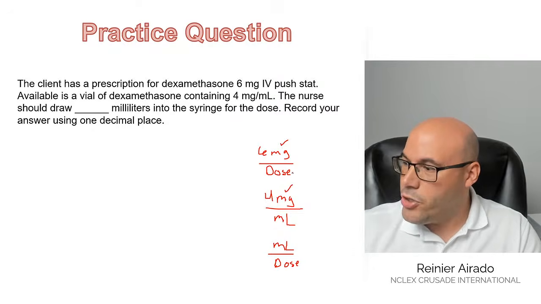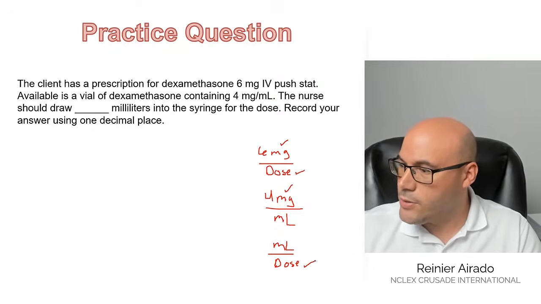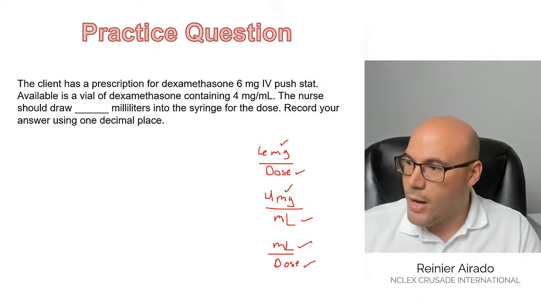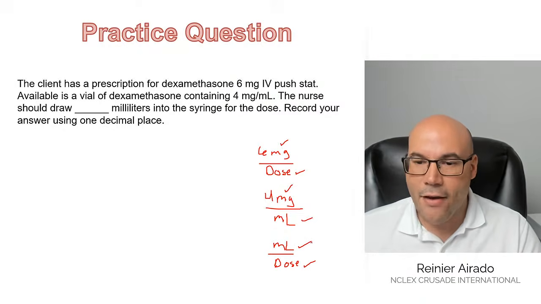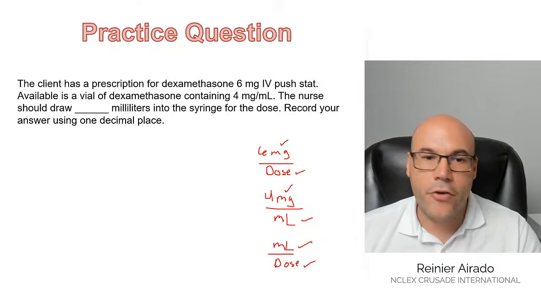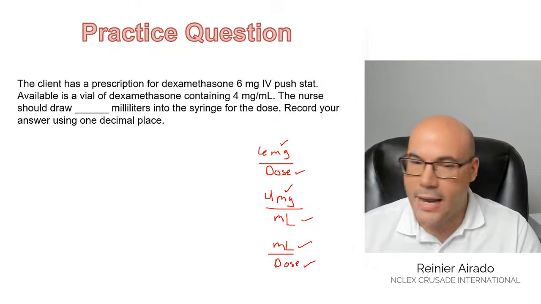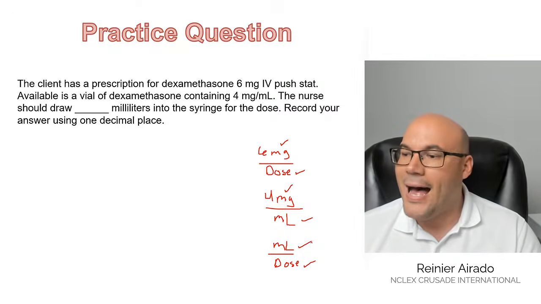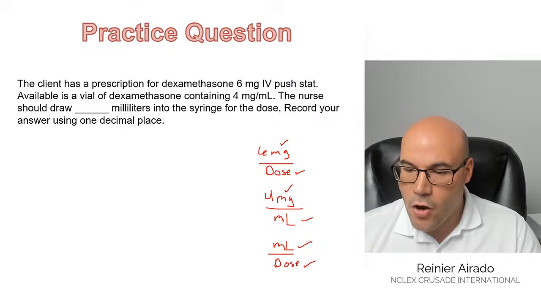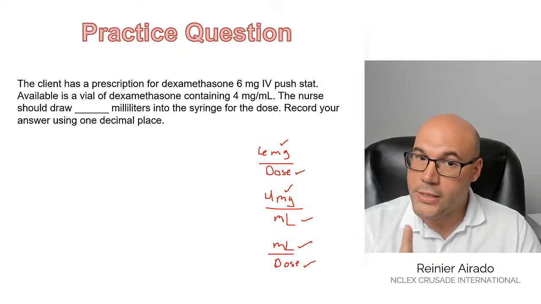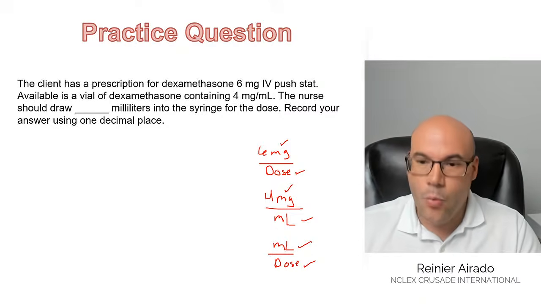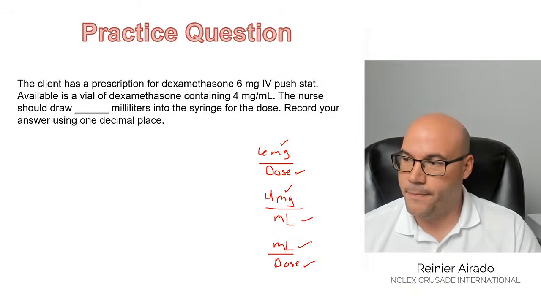We have dose and dose. And we have milliliters and milliliters. So as you can see, we have a partner for every unit. Milligram with milligram, dose with dose, and milliliters with milliliters. I do not need a conversion factor. You will see on other questions that we need a conversion factor.